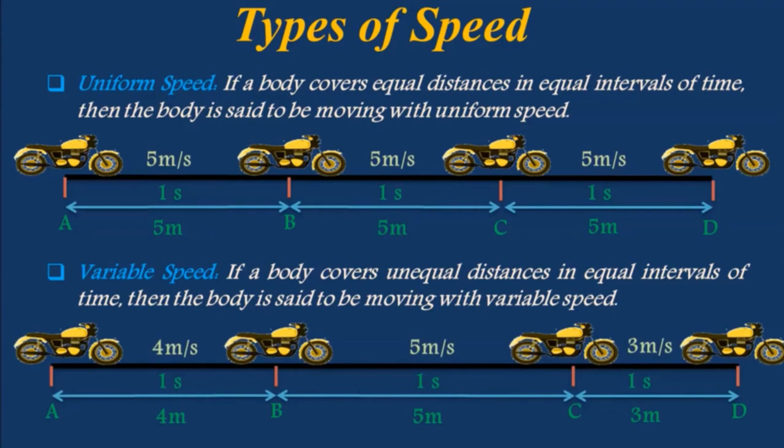That means in the first second it travelled only 4 meters, in the second it travelled 5 meters, and in the third second it travelled 3 meters. So it is covering unequal distances in equal intervals of time.